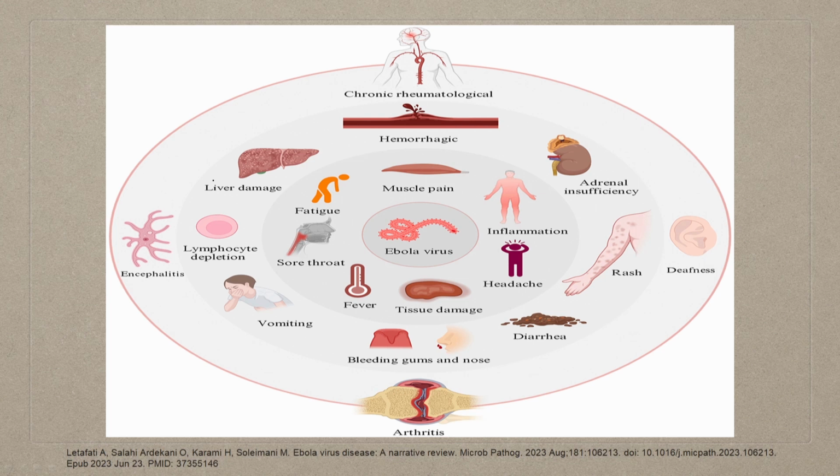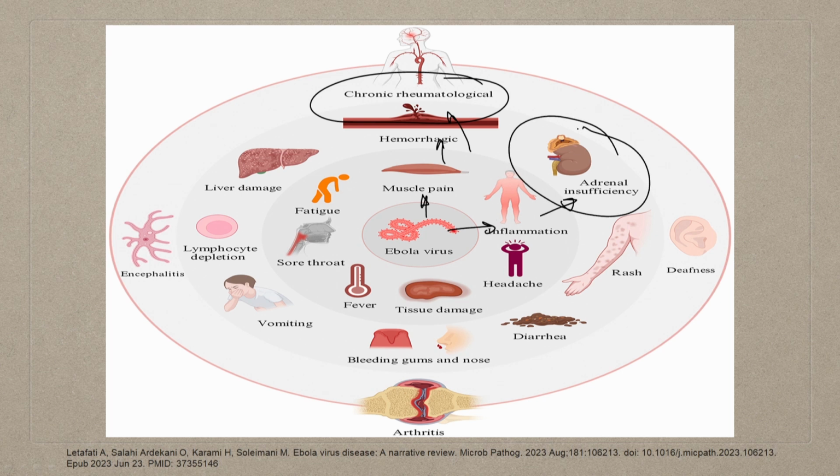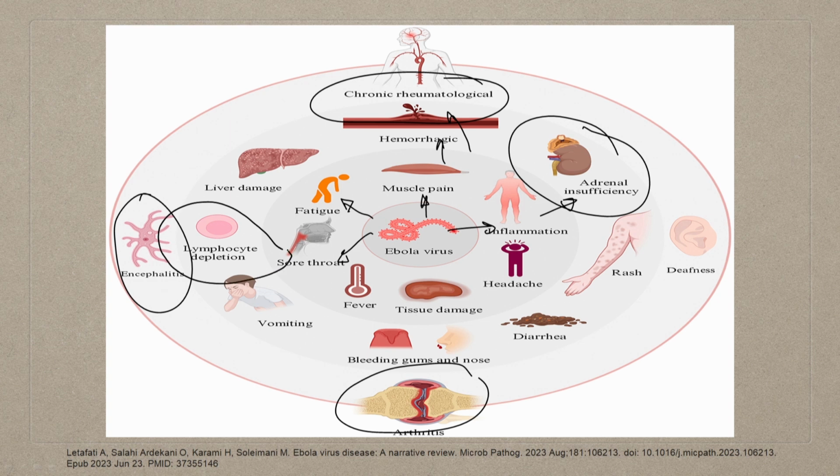So, in terms of what all it affects: muscle pain, hemorrhage, and this is very, very critical, chronic rheumatological inflammations, adrenal insufficiency, this is another key thing, arthritis, encephalitis, tremendous fatigue, sore throat, lymphocyte depletion. This happens because it attacks the immune system.